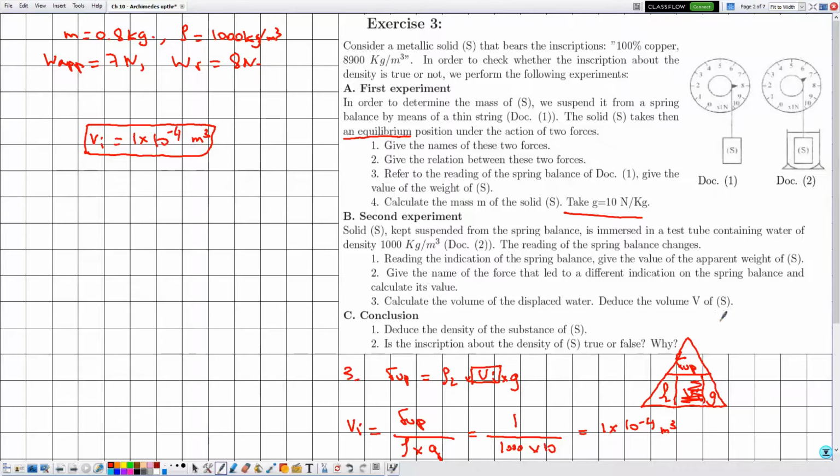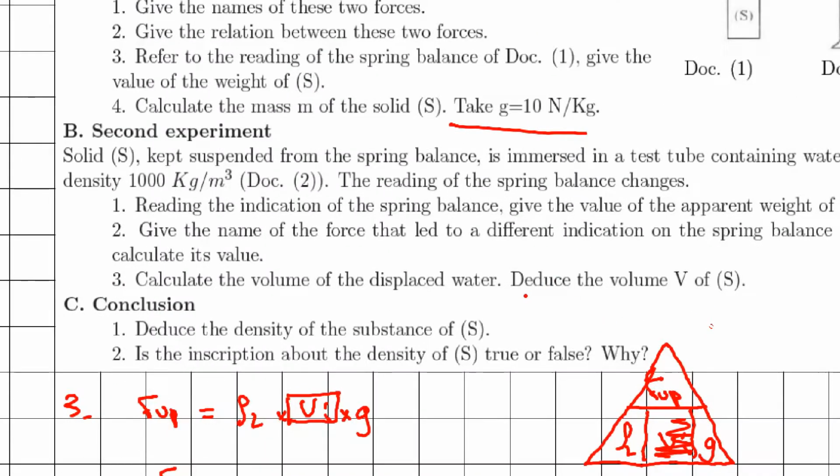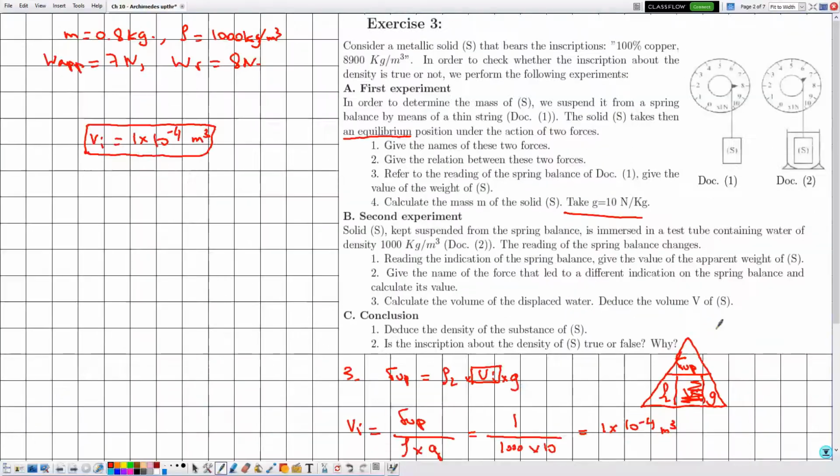But in the same part they are telling us to deduce the volume V of S, and by deduce it means that we need to use the part just before. Number 3, we have determined the volume of the displaced water, or the immersed volume.